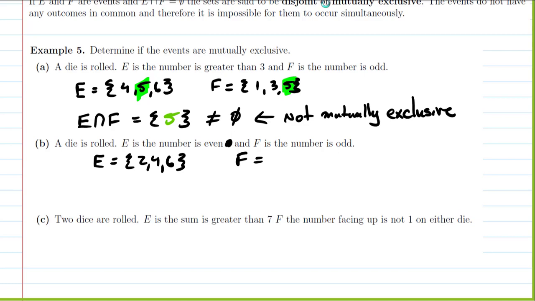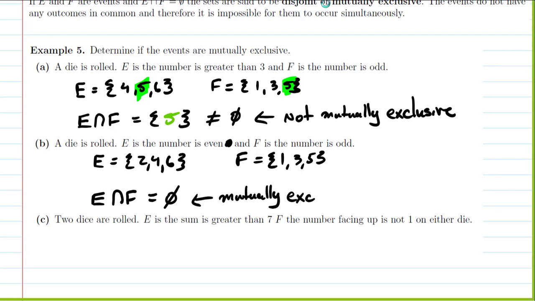If F is the event that the number is odd, its choices are 1, 3, and 5. Then if we check E intersect F, do E and F have any events in common? No, so our intersection is empty. So by definition, they are mutually exclusive, because the event E intersect F is empty.